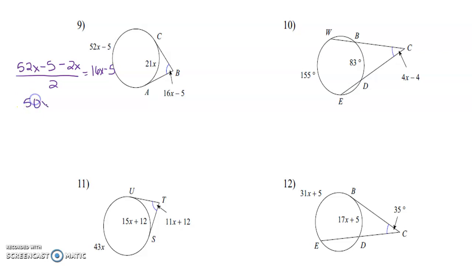So I have 50x minus 5. 2 times 16 is 32x, and 2 times a -5 is a -10. Okay, so now let's think about combining our like terms again. I'm going to subtract 32x from both sides, and I end up with 18x equals, and then I'm going to add 5.